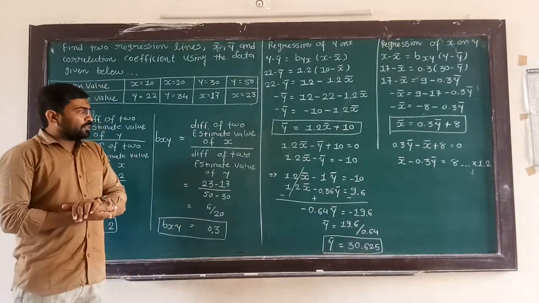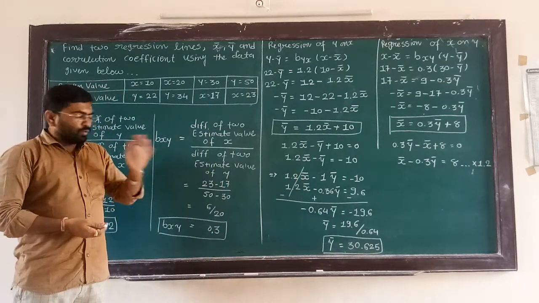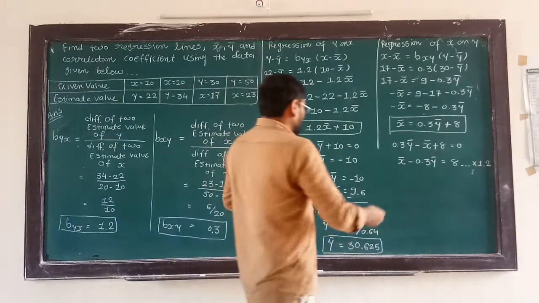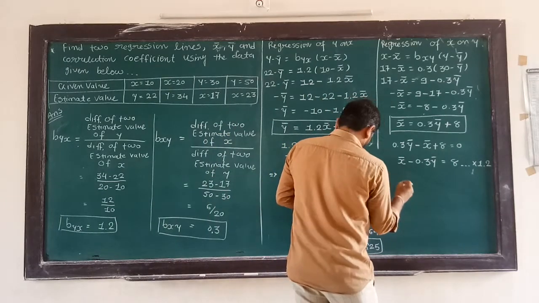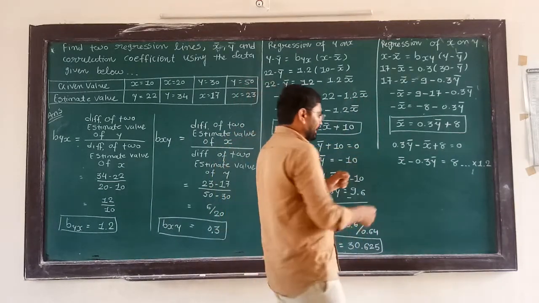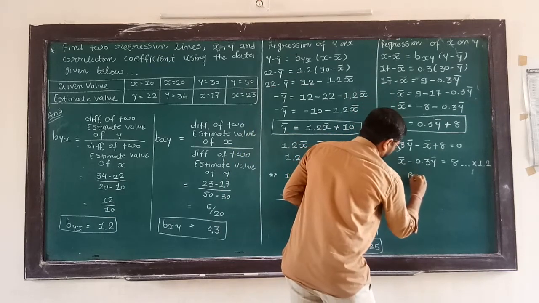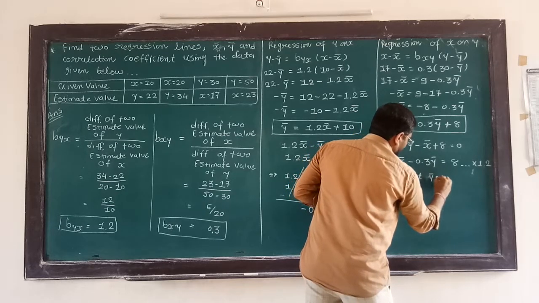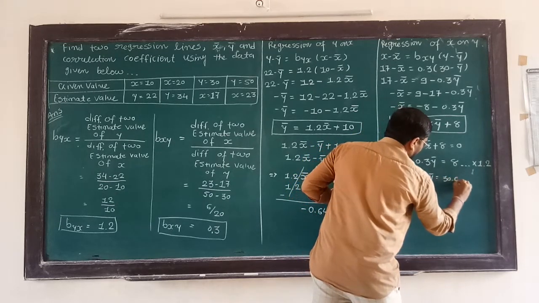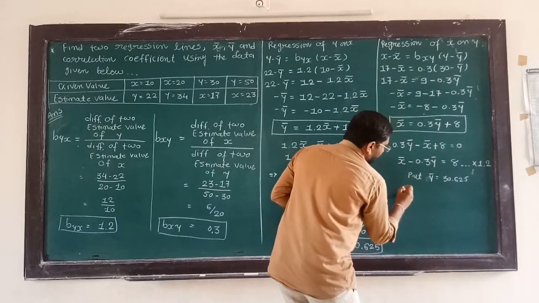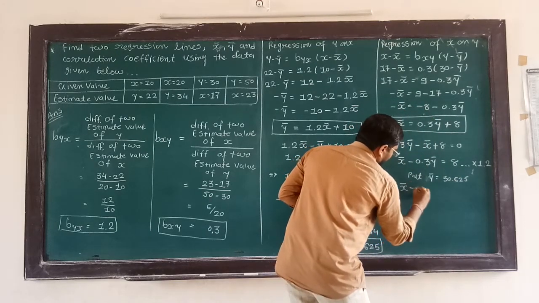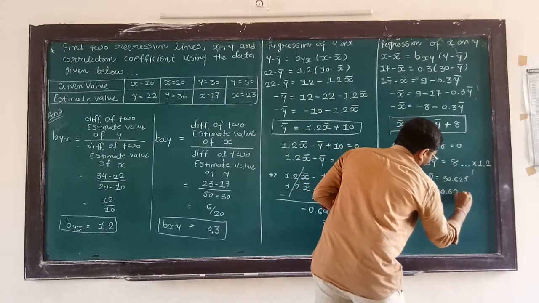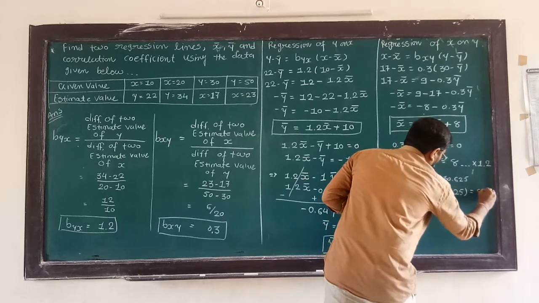Now we put the value of y bar in equation number 2. Put y bar equal to 30.625: x bar minus 0.3 multiplied by 30.625 is equal to 8.